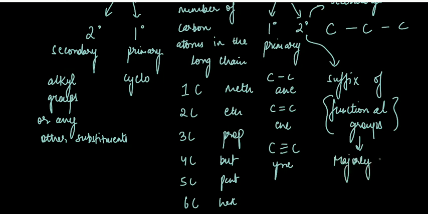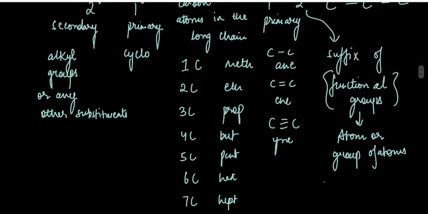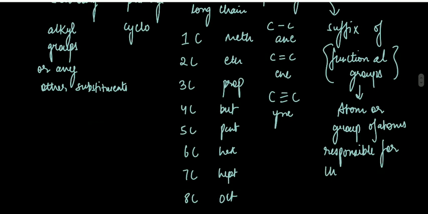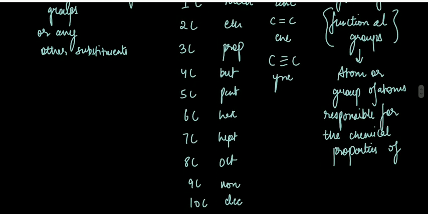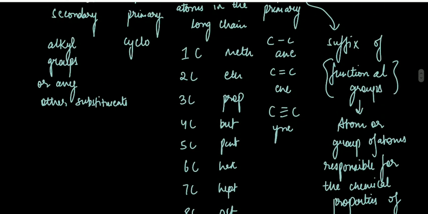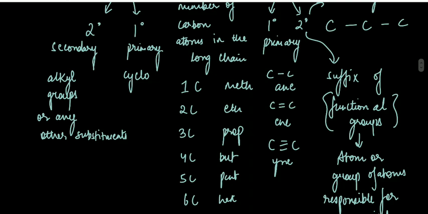We can define a functional group as an atom or group of atoms responsible for the chemical properties of an organic compound.